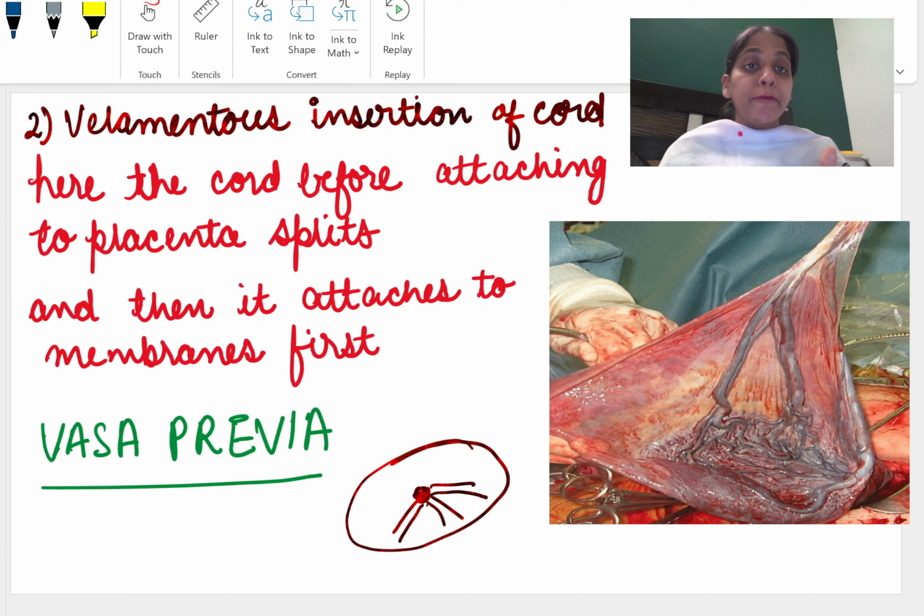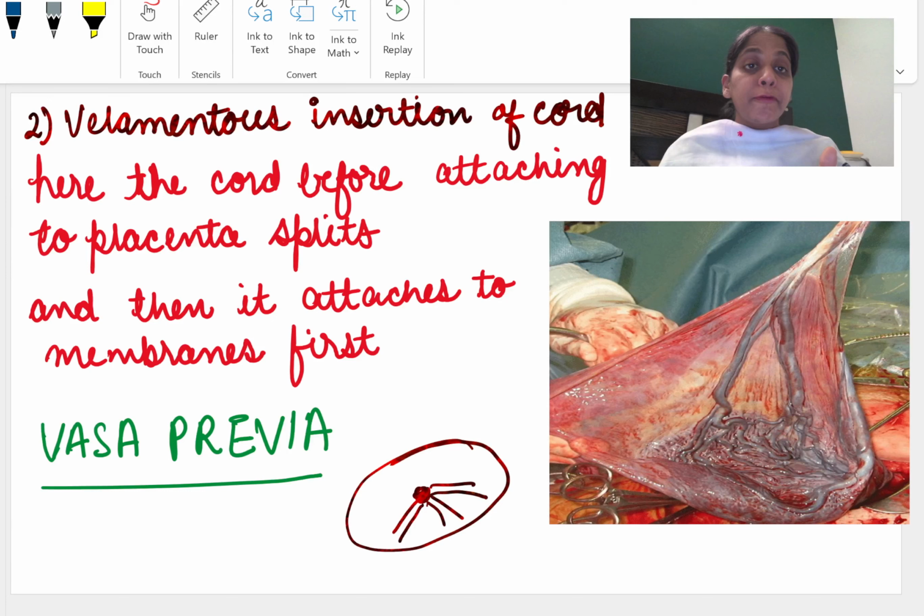So it means that the cord is getting inserted at the membrane. So now you can see here, this is the placenta, okay, and this is the umbilical cord, and this cord has split before entering the placenta, right? See, this has split before entering the placenta, and it means that this cord has been inserted at the membrane.